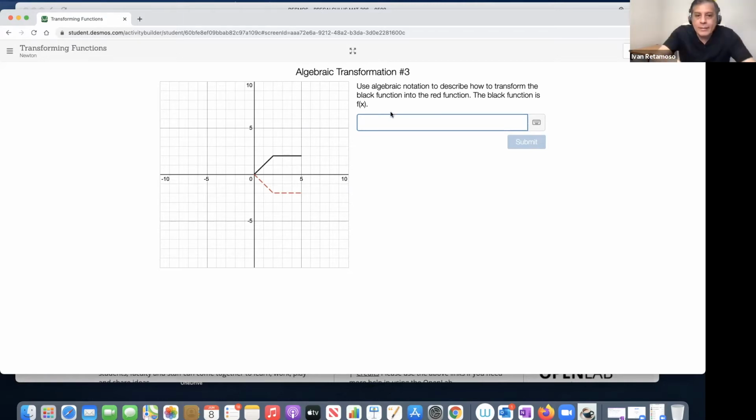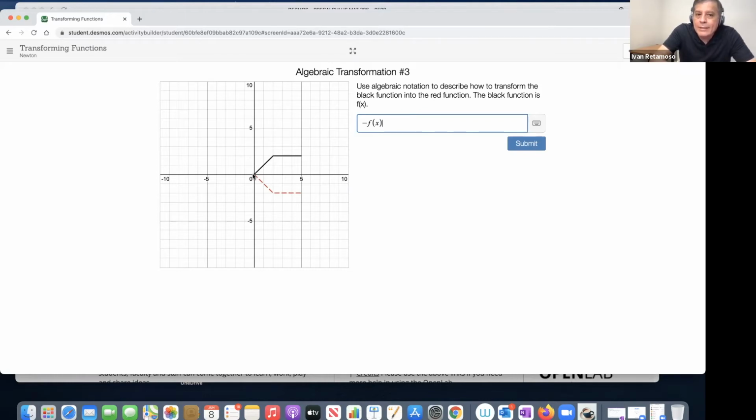Julie, excellent. Julie saying -1 times f of x, which is minus f of x, right? Excellent, excellent. Look, this minus f of x will turn these positive output values into negative output values, right? 0 will stay there because -1 times 0 is 0, right?